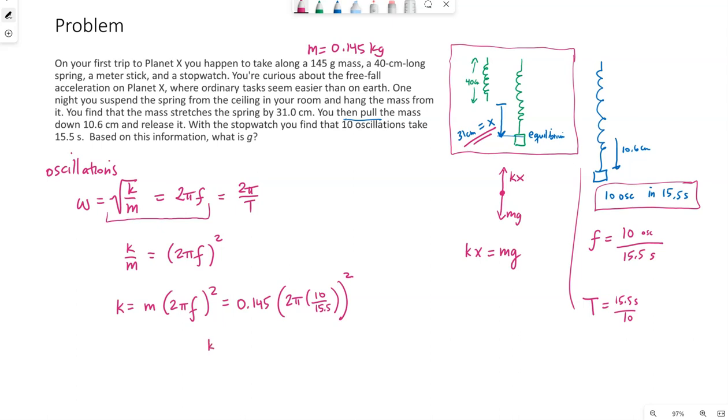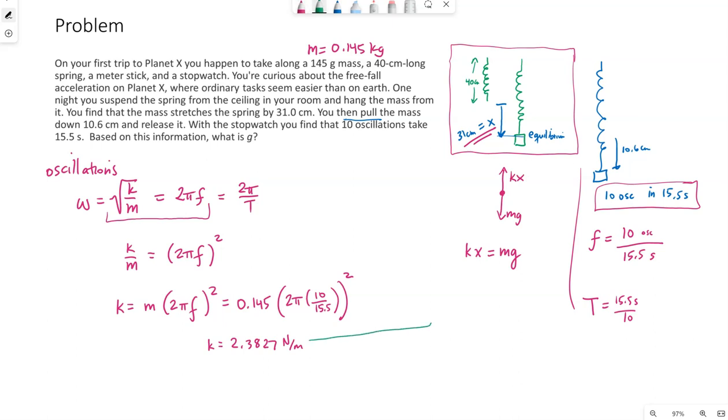I find that the spring constant is 2.38. Now again, I want to take this out a few digits because I'm not at a final answer. So by analyzing the oscillations, we're able to figure out what the spring constant is.